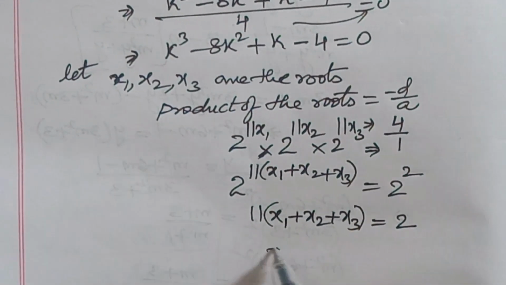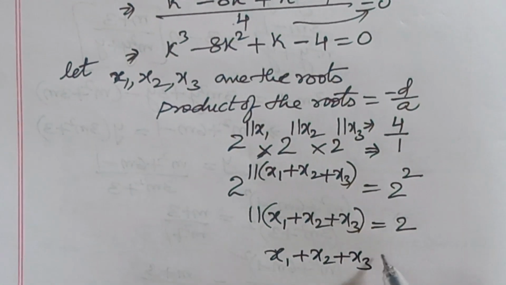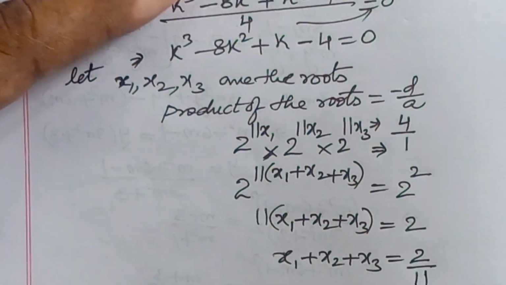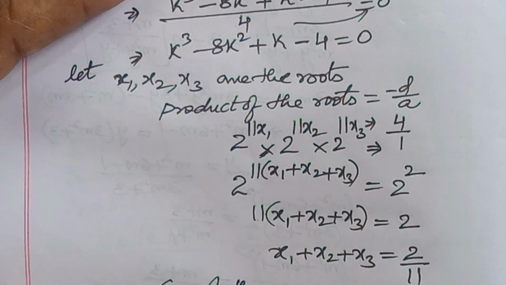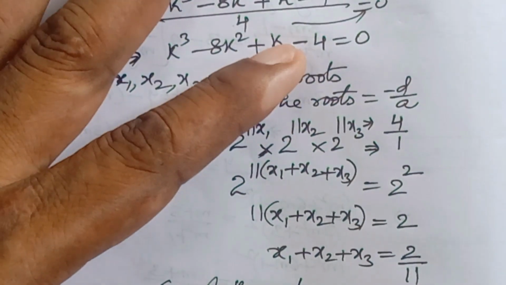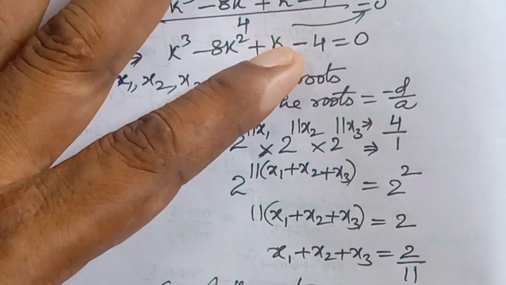So here x1 plus x2 plus x3 is equal to 2 by 11. Therefore, the sum of the roots x1 plus x2 plus x3 is equal to 2 by 11.